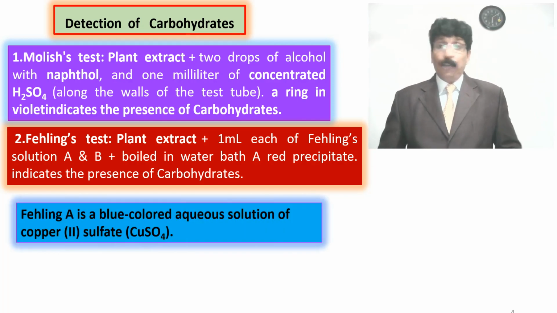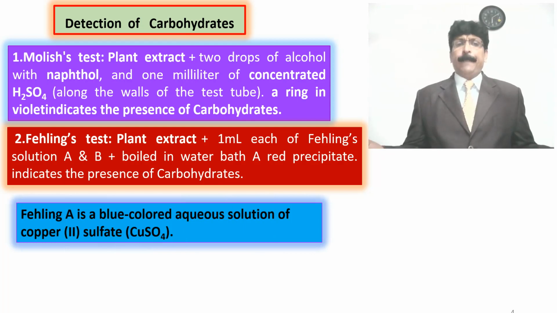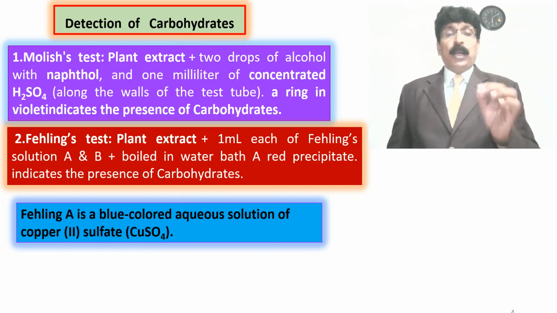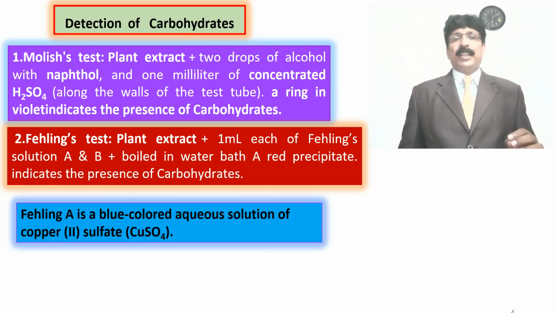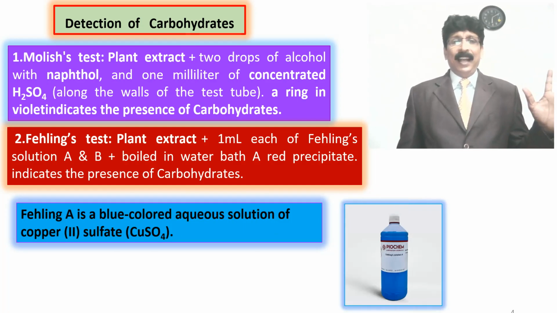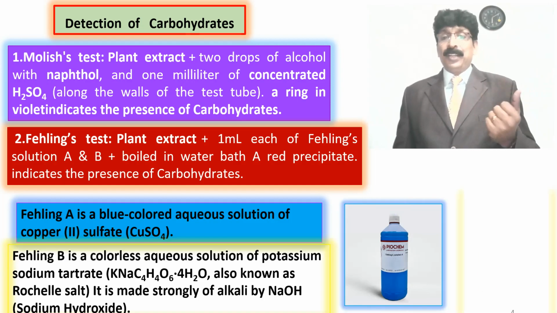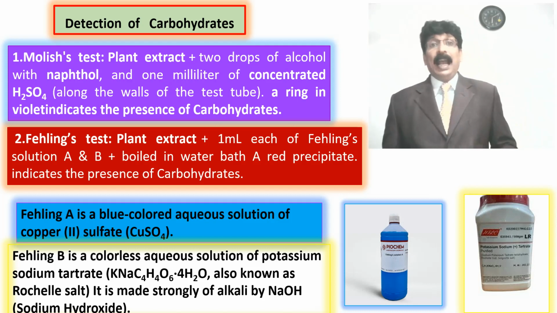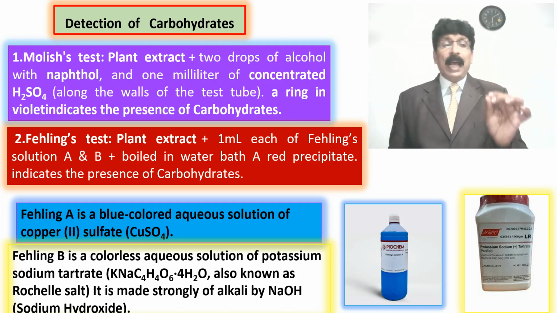We should know what Fehling solution A is. It is very simple: a blue colored aqueous solution of copper sulfate. Fehling solution B is a colorless aqueous solution of potassium sodium tartrate.